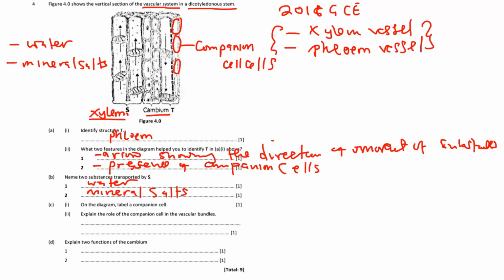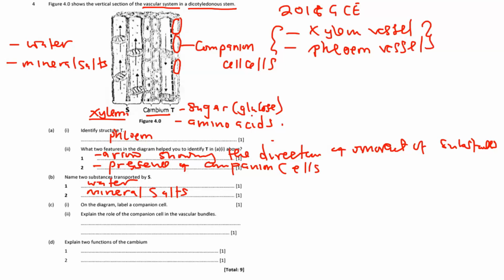Now, what if it was in the structure labeled T? What are the two substances? So one, sugar or glucose. Then also amino acids. So we might have answered the question that you might encounter as we go on. So take note of these answers.